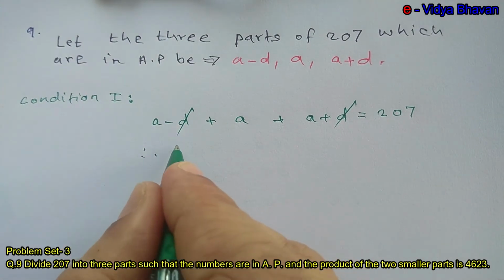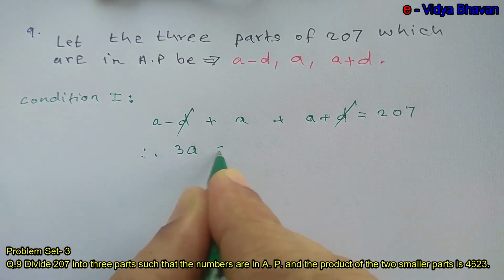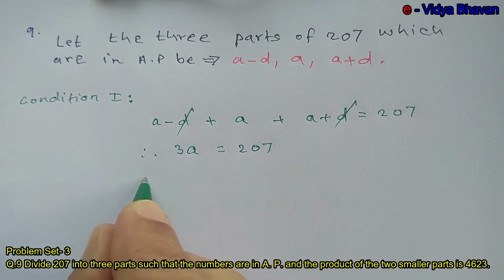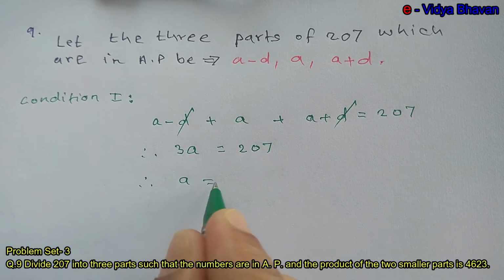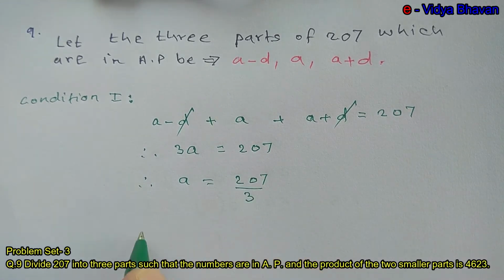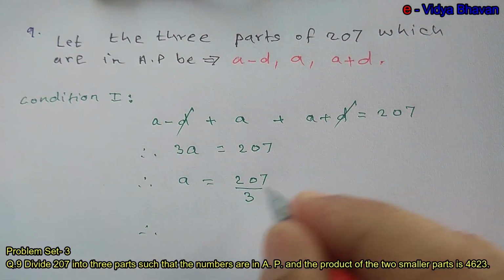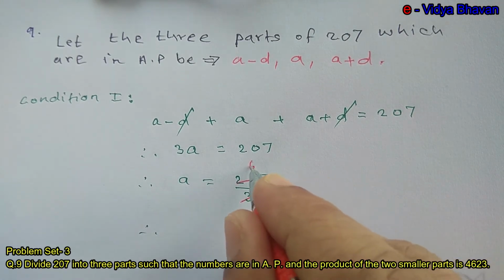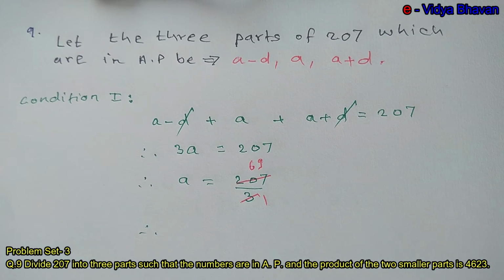So we'll have 3a is equal to 207. Therefore, a is equal to 207 upon 3. Therefore, if we cancel, 3 ones are 3 and 3 69s are 207, that is going to give you the value of a. A is equal to 69.